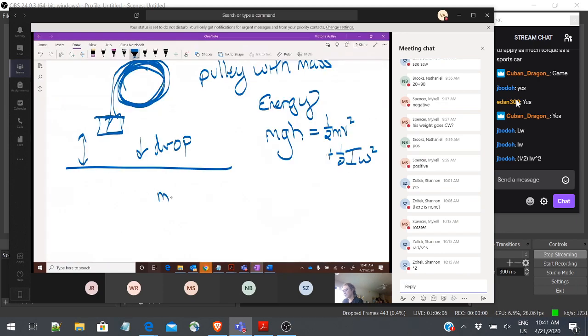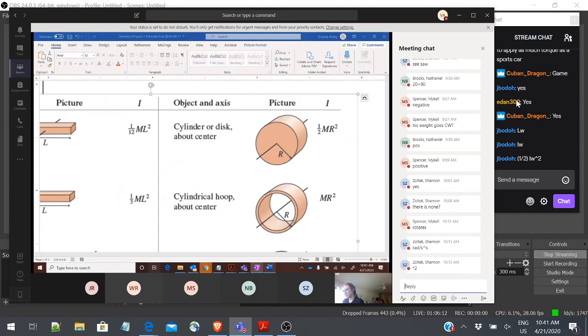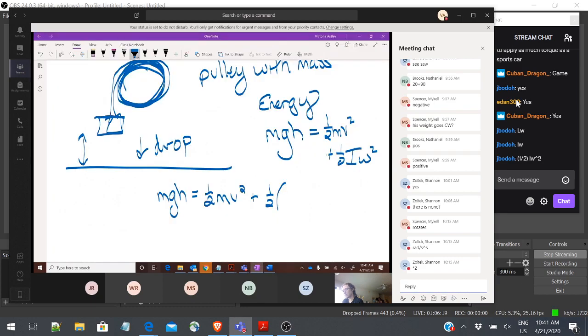So your mgh would be 1/2 mv squared plus 1/2 I omega squared, where I is 1/2 mr squared, with m the mass of the pulley and r the radius of the pulley.